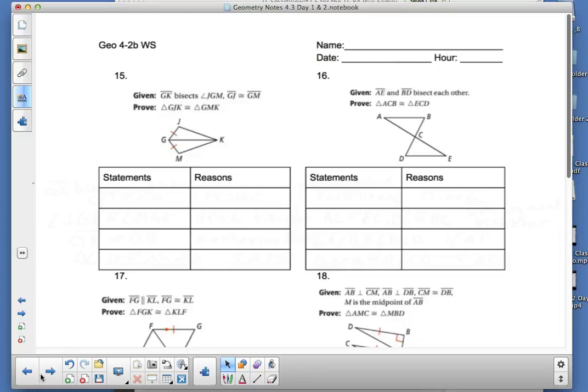We're asked to do a proof on these. Now, make sure when we're doing this that you recognize the importance of the picture and the given. Because students are always like, Bloom, how do you know? I look at the given, and in the given, I'm going to hide stuff. Do you see this?